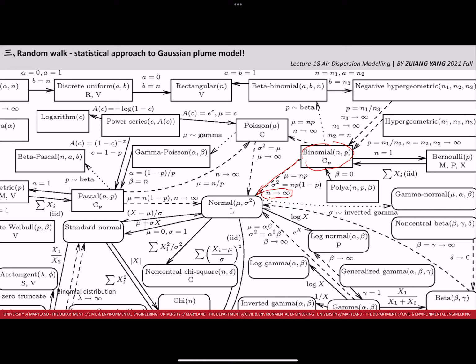And that's why I think when we see that, our first reaction is normal distribution. And because of the air pollutants, we have so many particles or molecules, so the sample size, or N, will be very large. So we can expect that to be a normal distribution.